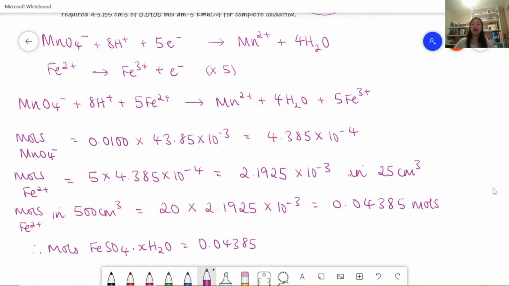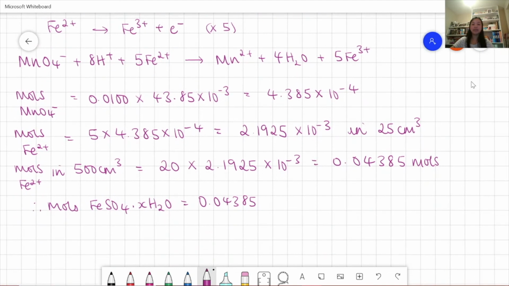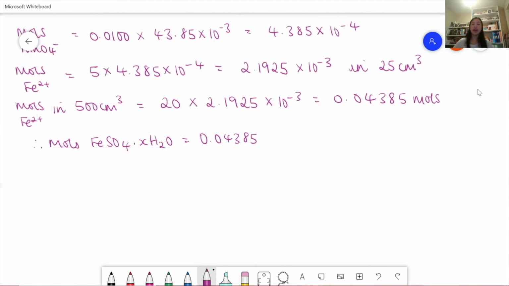And in order to work out the mass, we need the Mr. And so now we can work out the Mr. So for the Mr, we need the amount of moles and the mass. So the mass is given in the question as 12.18. And so we have the equation moles equals mass over Mr. And therefore, rearranging this, we have Mr is equal to mass over the moles.